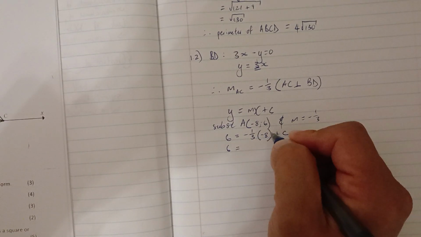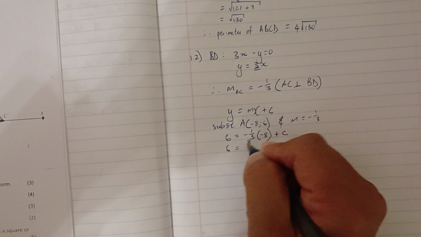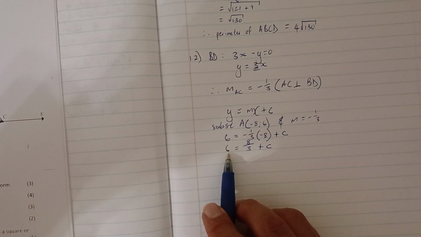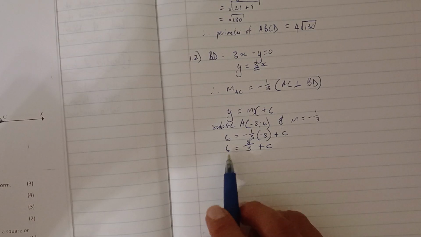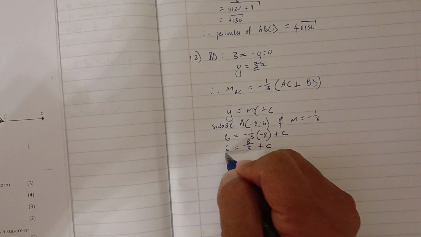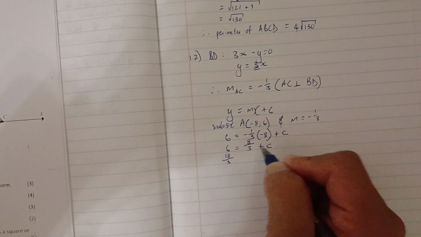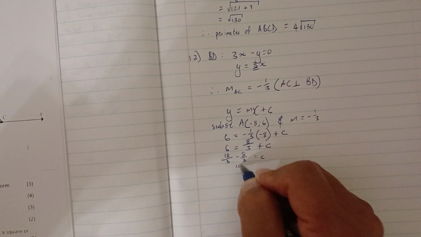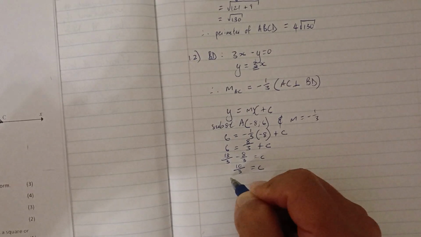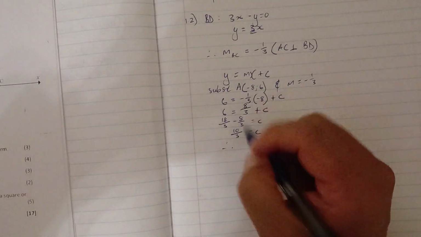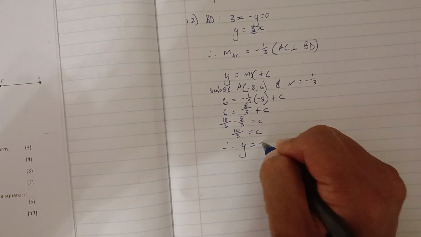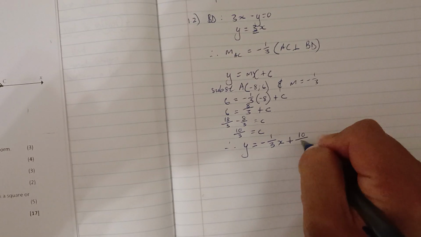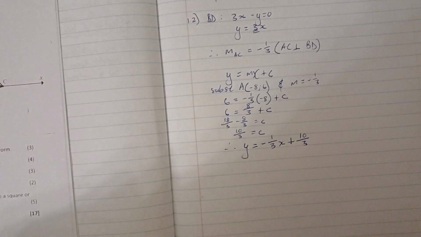That's 6 is equal to 8 over 3 plus c. If I were to write 6 as a fraction over 3, that would be 18 over 3. So I bring the 8 over 3 over, that's minus 8 over 3 is equal to c, that's 10 over 3. So therefore, my equation would read y is equal to negative a third x plus 10 over 3. Okay.